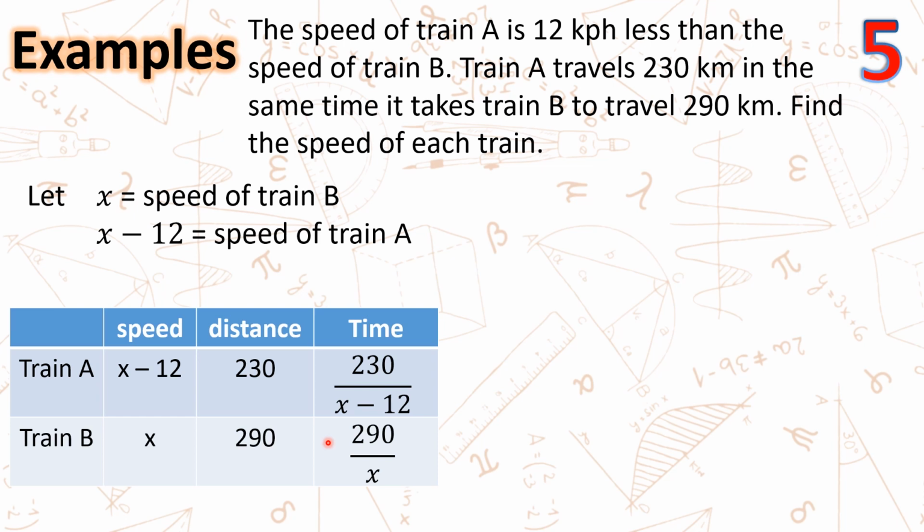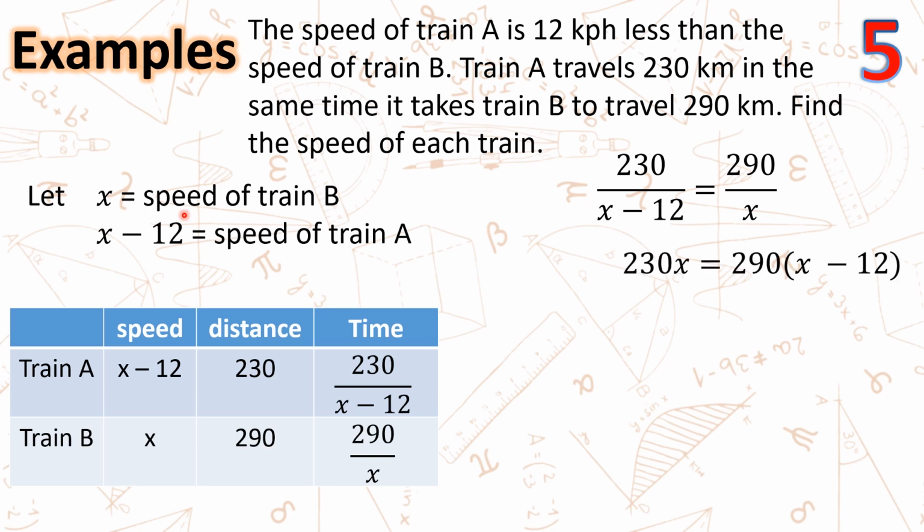In the problem, it says train A travels 230 kilometers in the same time it takes train B to travel 290 kilometers. Therefore, the times are equal. 230 over x minus 12 equals 290 over x. Okay, multiply this rational equation by LCD.